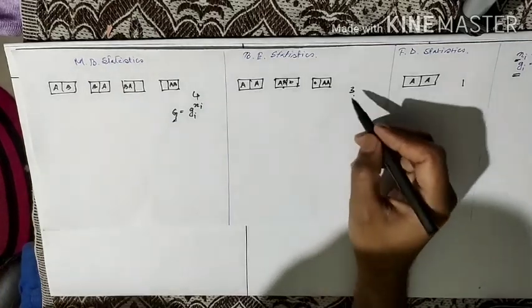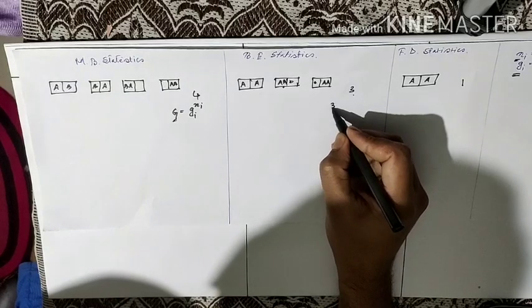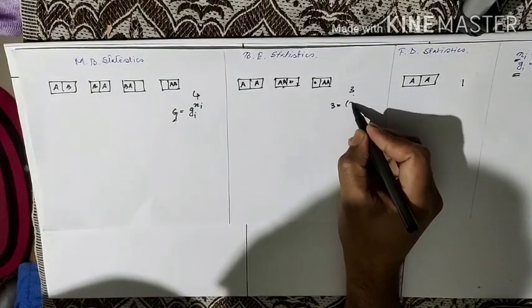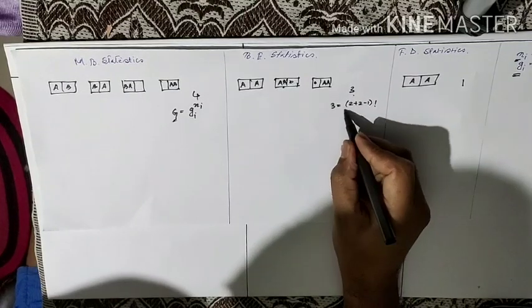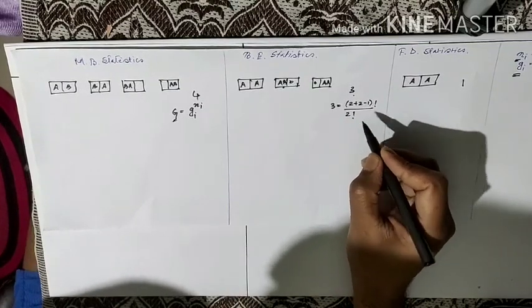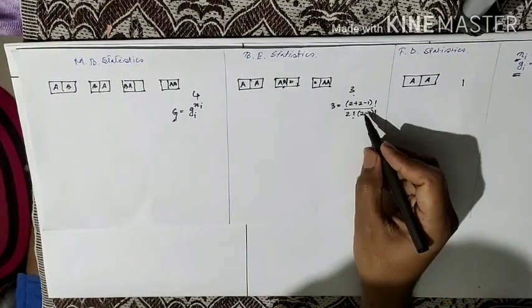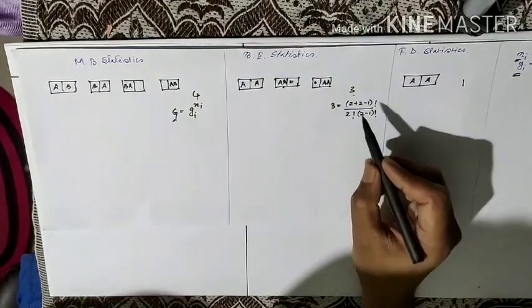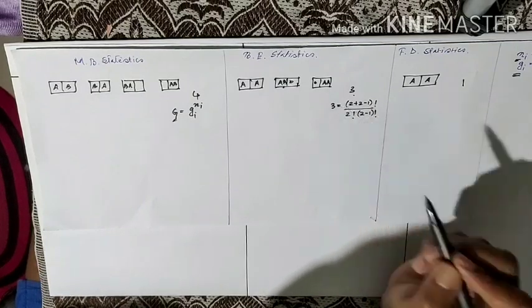And these three I can write in a more comfortable way. Say 2 plus 2 minus 1 factorial divided by 2 factorial and 2 minus 1 factorial. You see the same result, you will get 3. 4 minus 1 is 3, 2 factorial is 2, 2 minus 1 factorial is 1, so you will get 3.